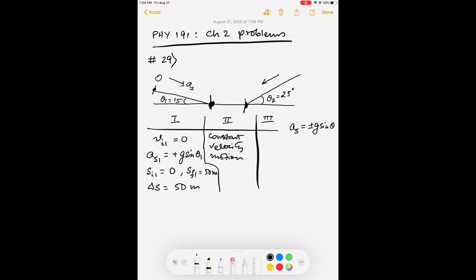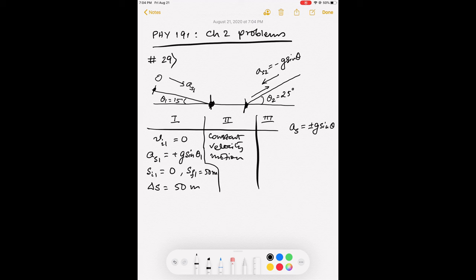In that case, this was aS1, so this is aS2, and that is basically minus g sine theta in this case, because now you have acceleration pointing towards the starting point instead of going away from it.